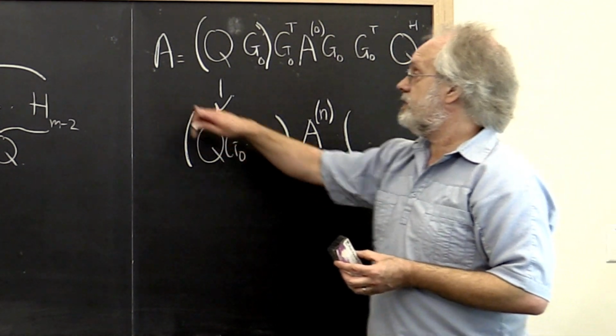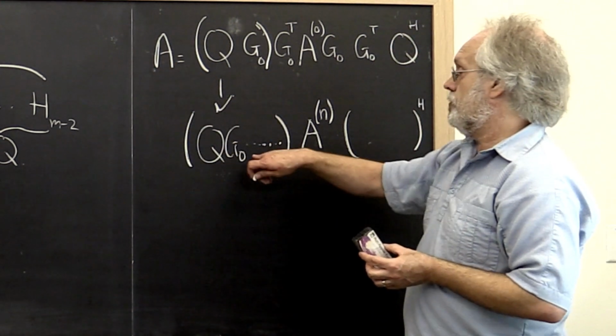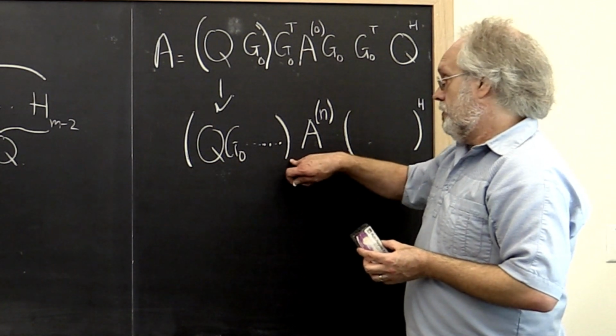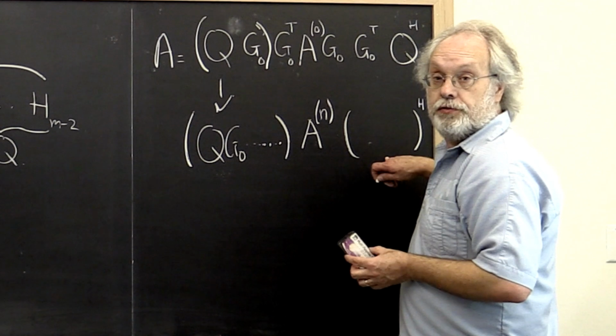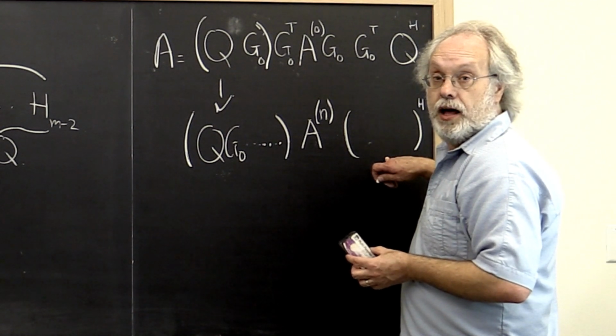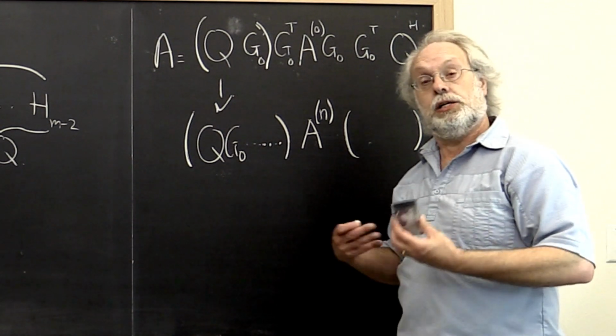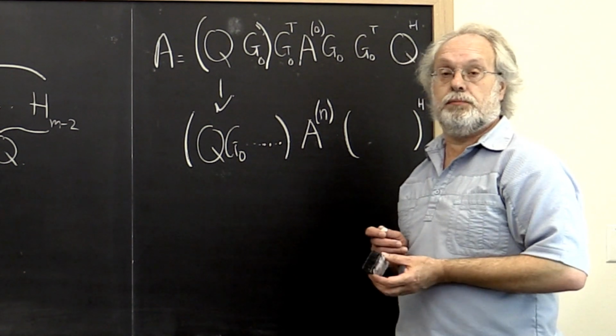So now what we have is that A is equal to some unitary matrix times a diagonal matrix times the Hermitian transpose of that unitary matrix. What we have done is we've computed the spectral decomposition.